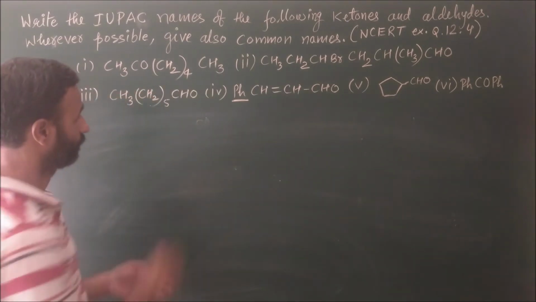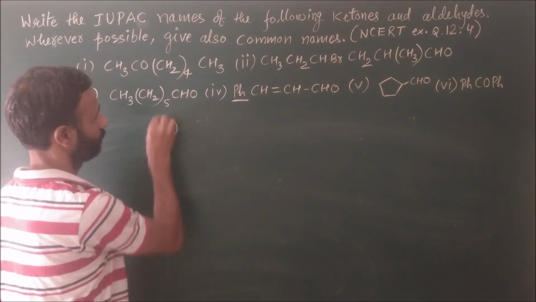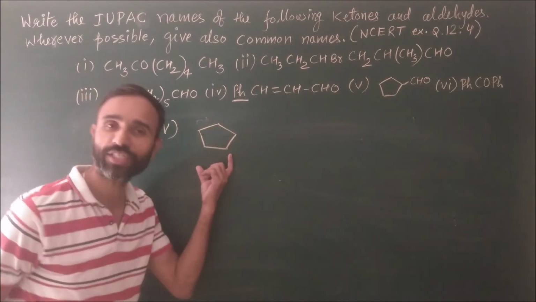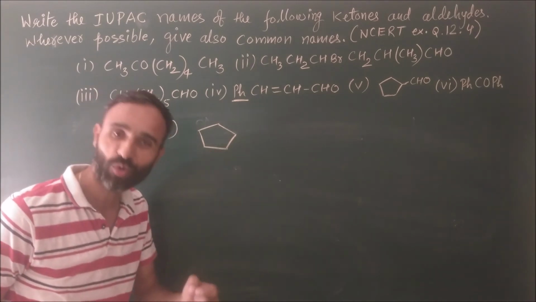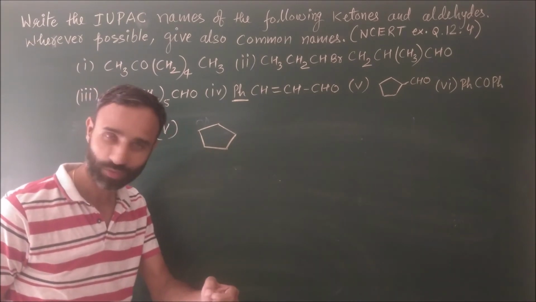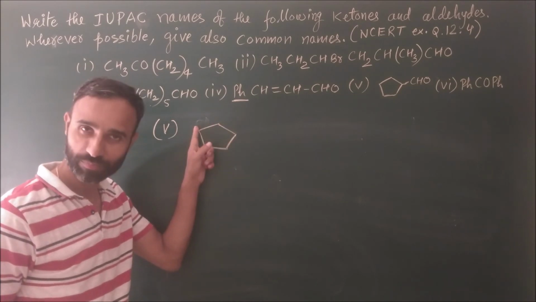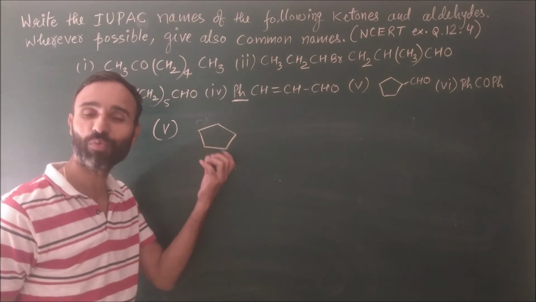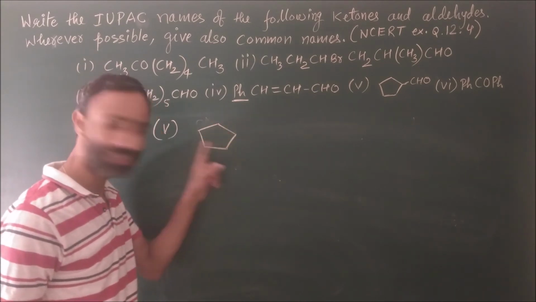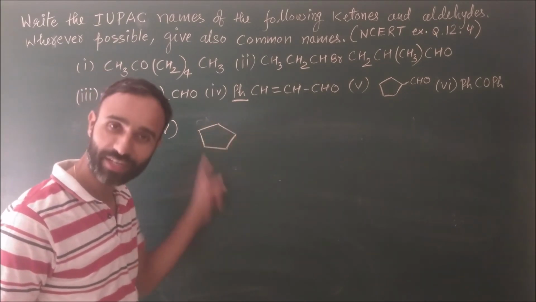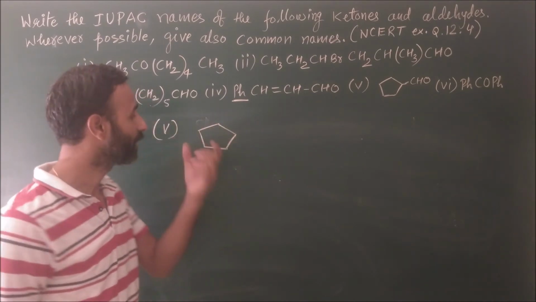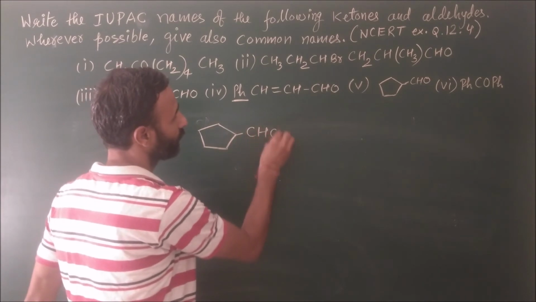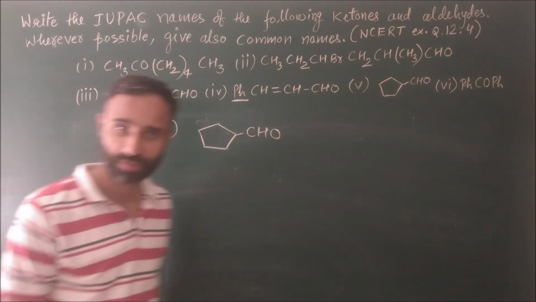Fifth one. What is this? Cyclopentane. Okay, there are 5 carbons. It is a pentagon as per mathematics, and in chemistry these are the carbons attached in a ring, that is a cycle. That's why it is cyclopentane, and the CHO group is attached to cyclopentane.